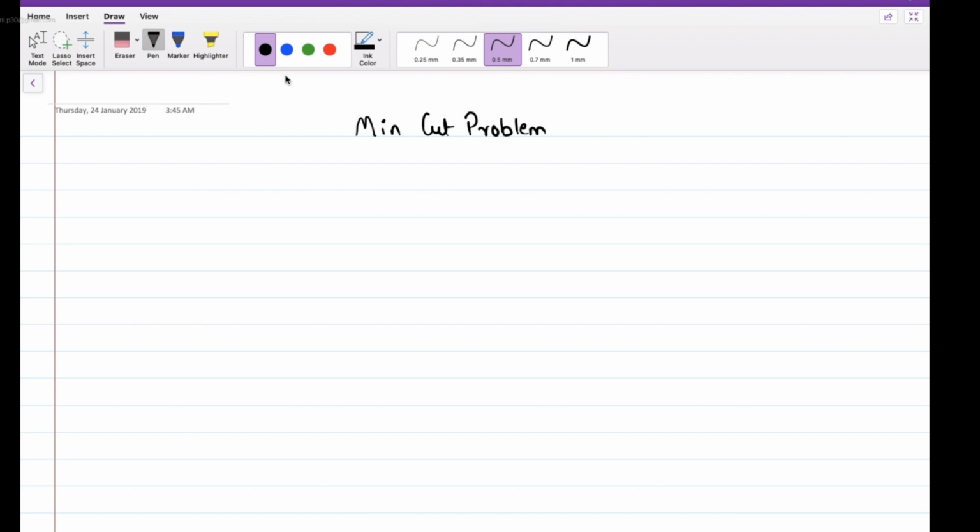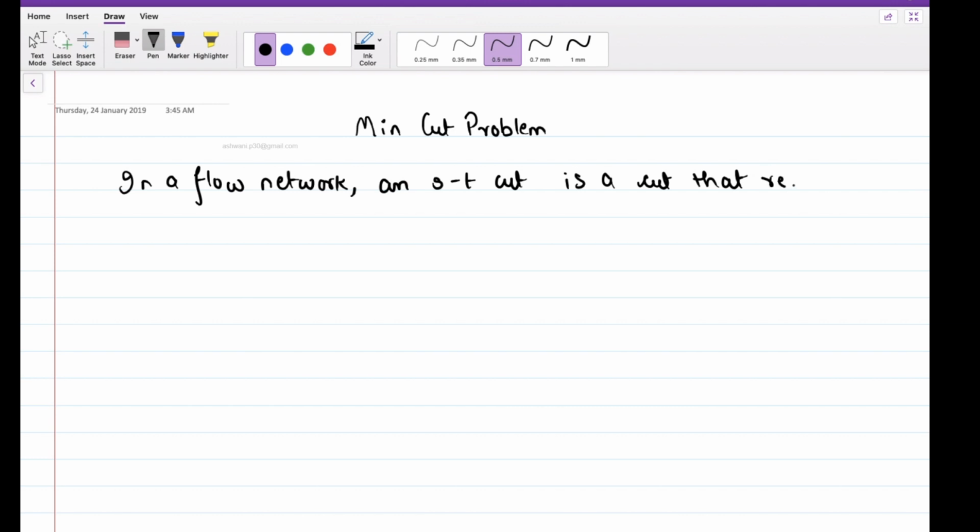So what the minimum cut problem says is that in a flow network, or in any given network graph, an ST cut is a cut that requires the source and the sink to be in different subsets.